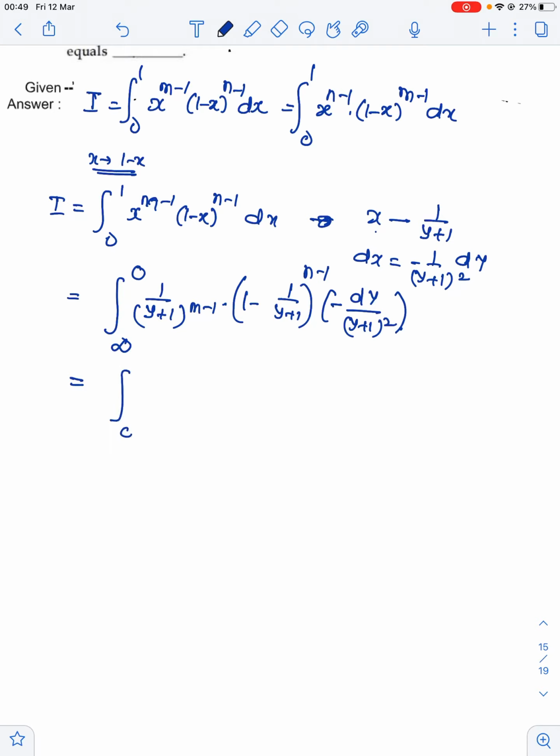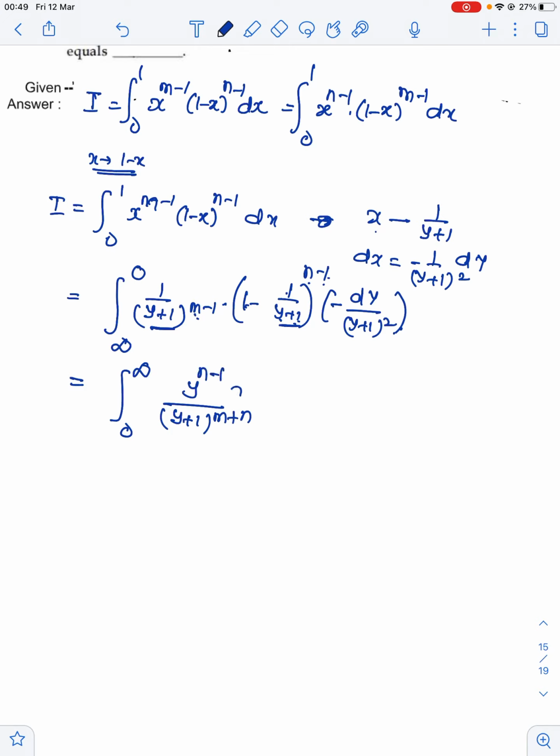it, it becomes 0 to infinity. This y to the power m minus 1, this (y plus 1) to the power n minus 1, becomes m plus n minus 2, and plus 2 becomes m plus n. So (y plus 1) to the power m plus n, and in the numerator there is only 1 plus y plus 1 minus 1, that is y.